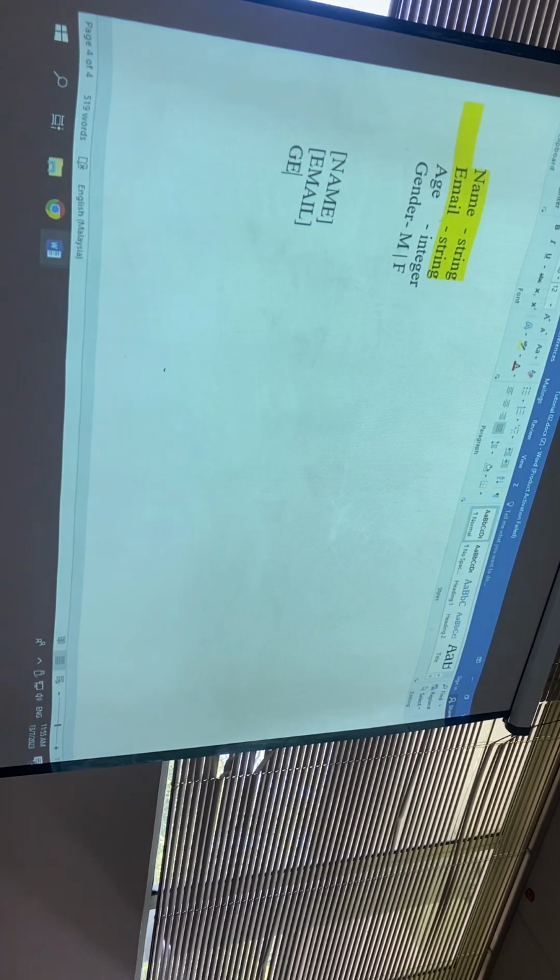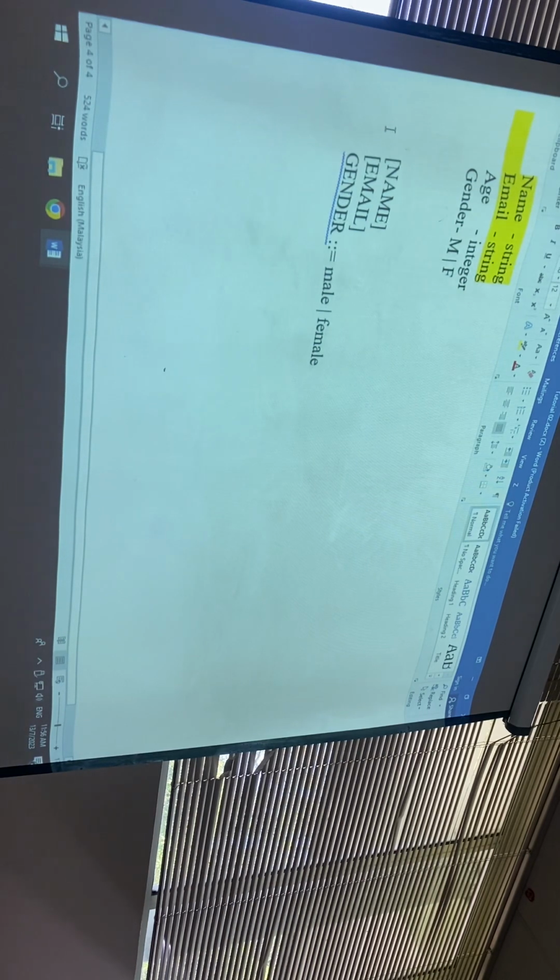Gender, so maybe I have gender, colon colon equal. Normally, we don't use capital M, we use small m. So normally, what I do is male or female, like that. So for now, you have done this.